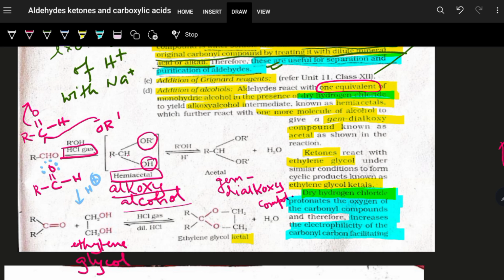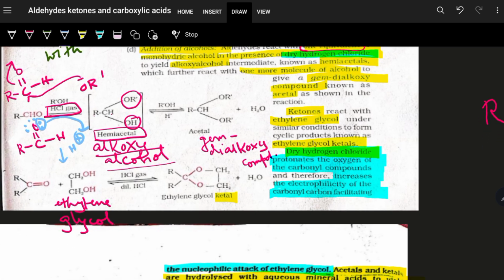Oxygen has a lone pair, so the lone pair will abstract the proton and it will form OH+. The moment it forms OH+, it is more electrophilic in nature and it is more prone to nucleophilic attack. Keep in mind that this neutral alcohol also acts as a nucleophile. It can attack with its lone pair.